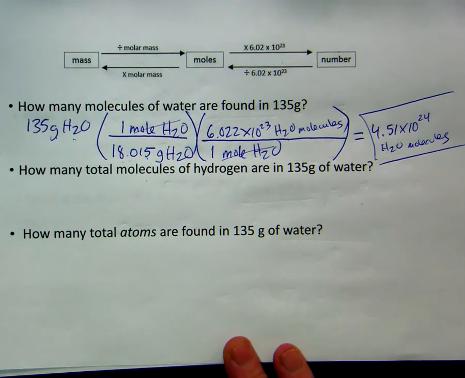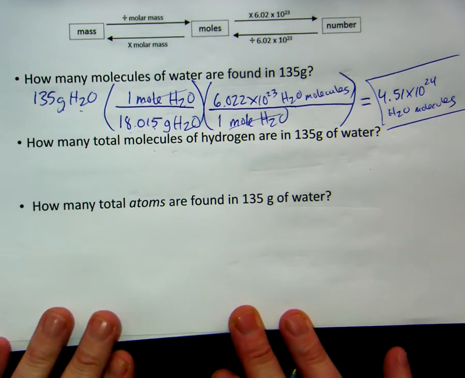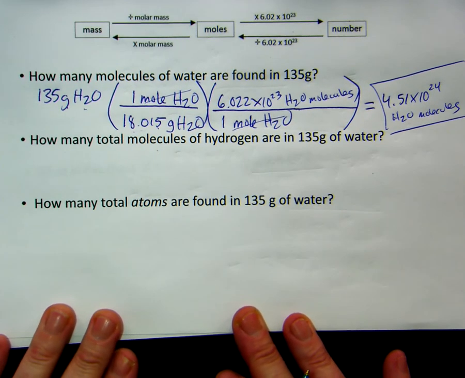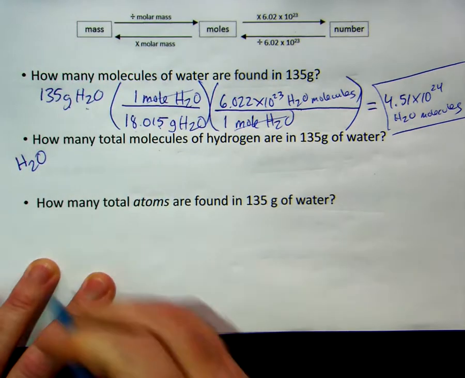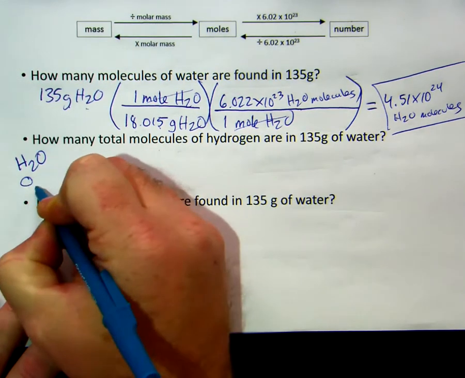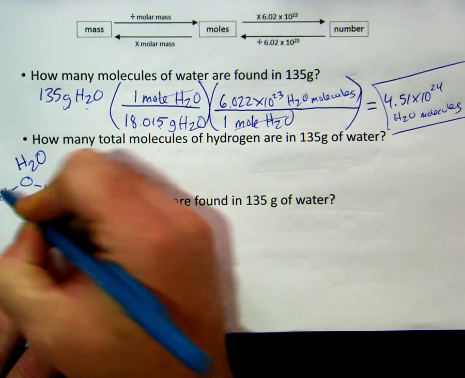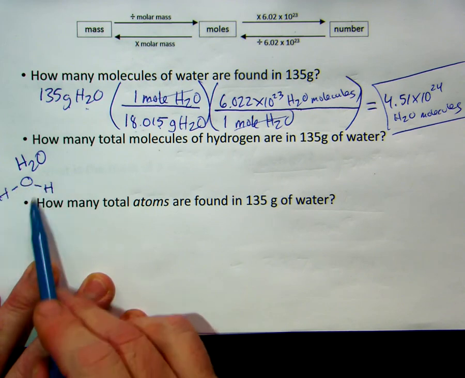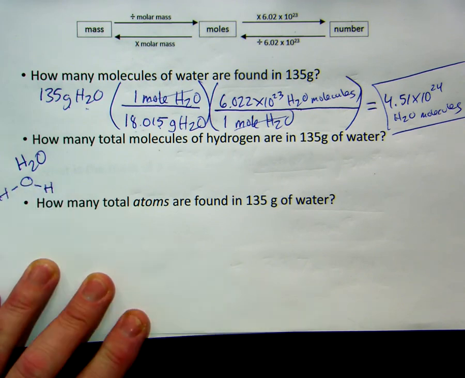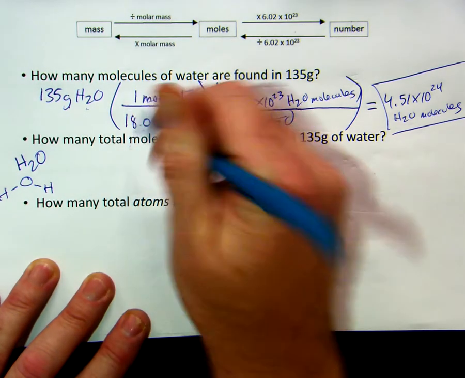Okay. Now, what these next questions address is that you understand that water is H2O. We're going to visualize it later as an oxygen with two hydrogens connected to it. But you get the idea that this is a molecule that has three things that comprise it, two hydrogen and one oxygen. So it says, I need to fix this.